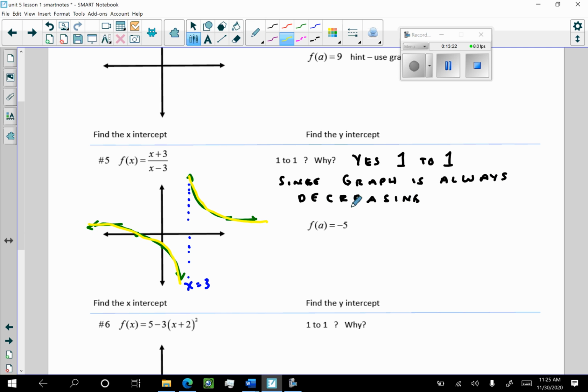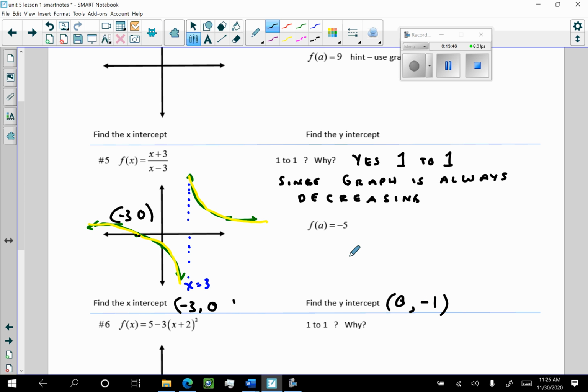So it is 1-to-1. The graph is always decreasing, so that is why it is 1-to-1. Now, I found the x-intercept. The x-intercept is negative 3, 0. That's the only place this guy is 0. And I found the y-intercept, which was 0, negative 1.